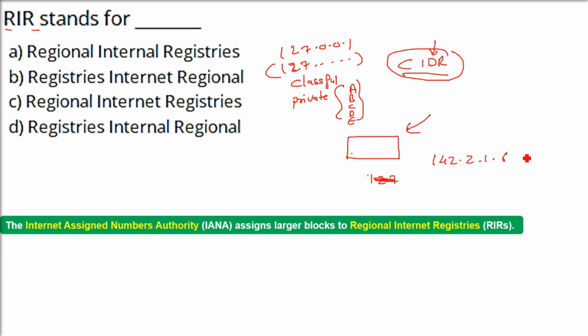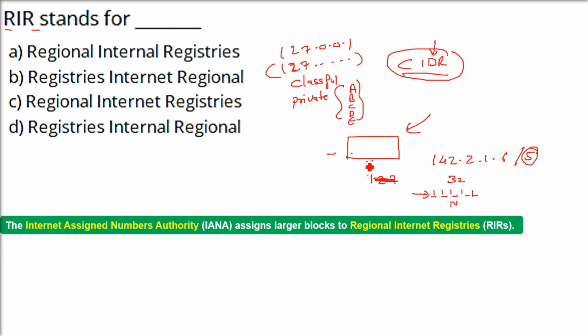If I write an address 142.2.1.6/5, the first 5 bits are reserved for the network address, and the others are for the host. I'm just giving an example that these kinds of addresses need to be given to some organization or company who wants them. So who is going to give them?